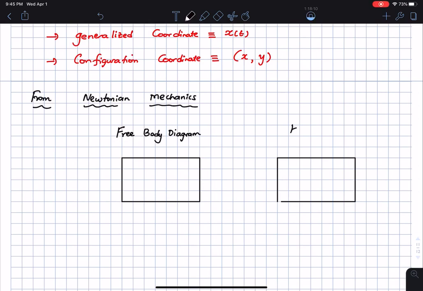In the free body diagram, the forces acting are the weight of the block, which is acting vertically down.